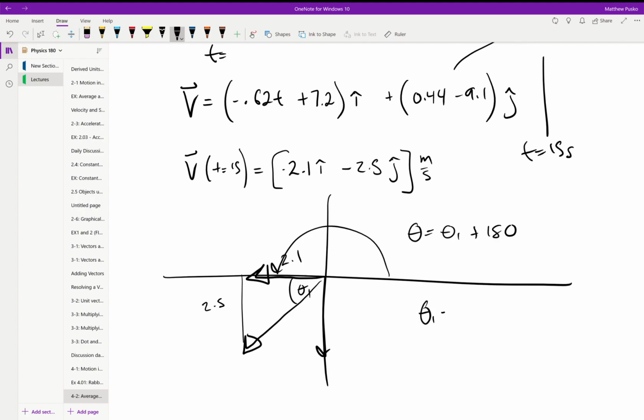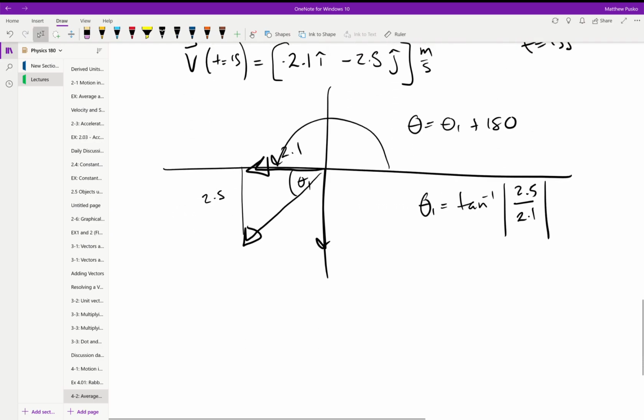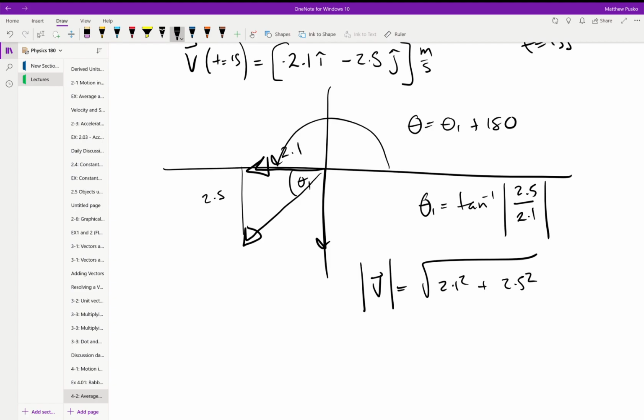And theta 1 would be equal to the tangent inverse of the opposite over the adjacent, 2.5 over 2.1. And we could find the magnitude of v by the square root of 2.1 squared plus 2.5 squared. So I get the velocity is equal to 3.3 meters per second, and it's at an angle of negative 130 degrees. So negative would be measuring from there.